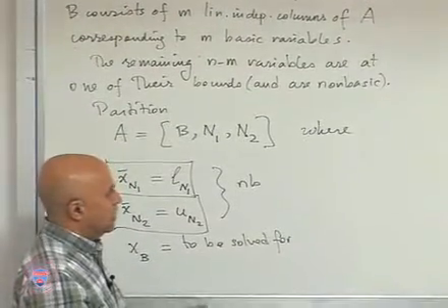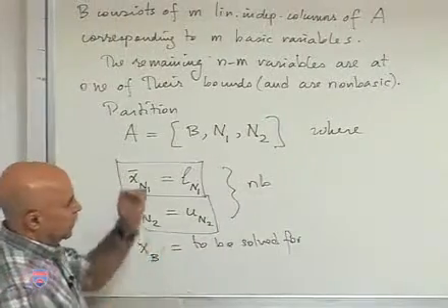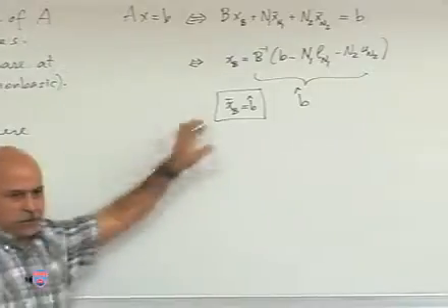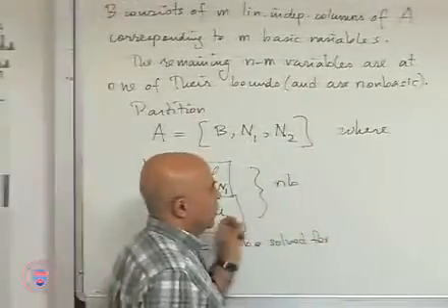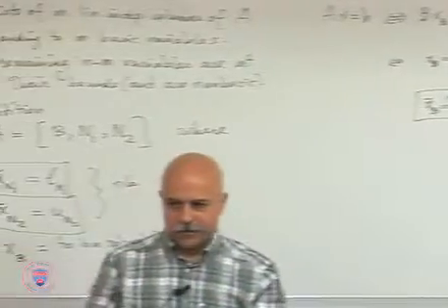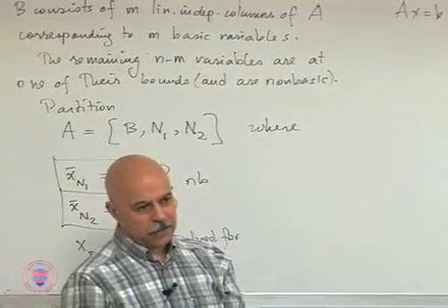Now, your basic solution is the vector x bar specified by the boxed portions here. Okay? Lower bounds, upper bounds, and B cap as dependent on the other variables. Is this a basic feasible solution? Not necessarily.